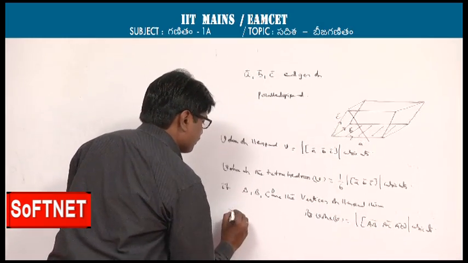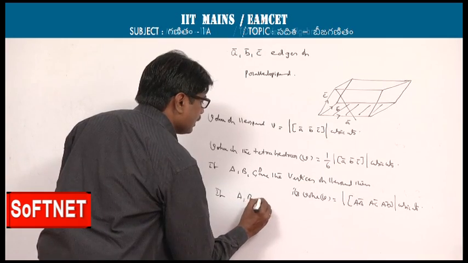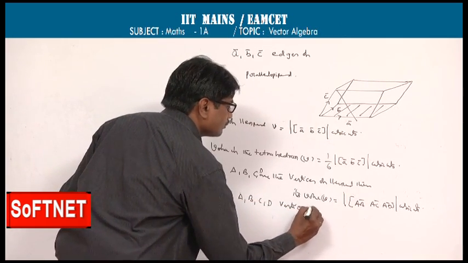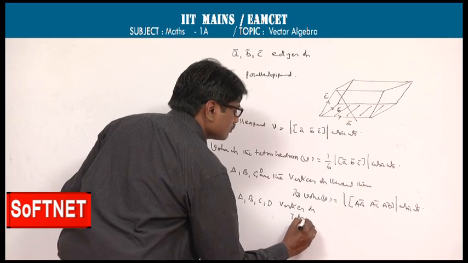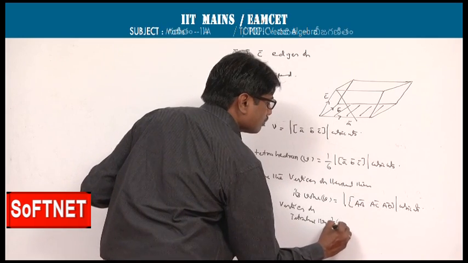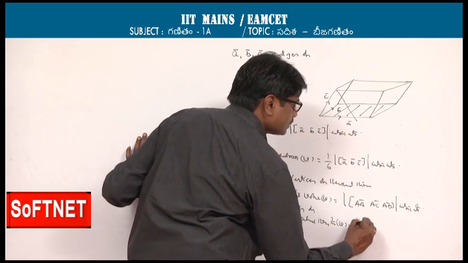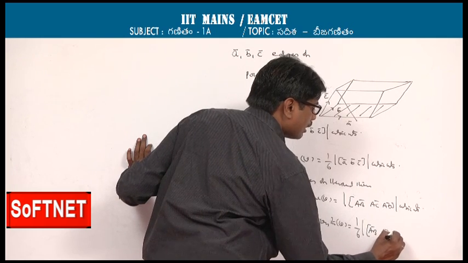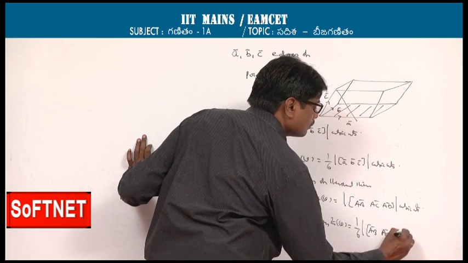And if A, B, C, D are the vertices of a tetrahedron, then its volume V is equal to 1/6 times mod of box of AB bar, AC bar, AD bar cubic units.